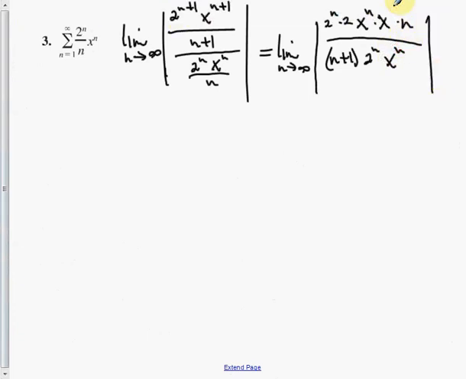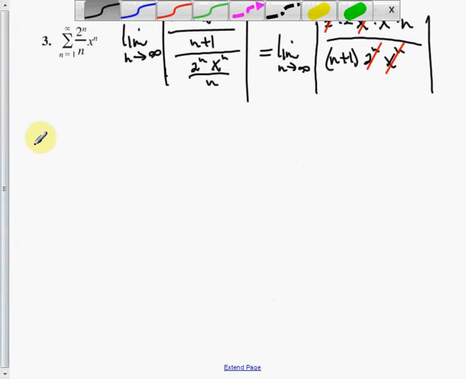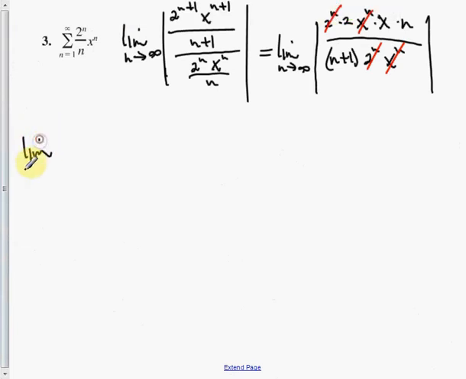Now let's see. 2 to the n cancels out, x to the n cancels out. I think that's everything that cancels out. So we have left the limit as n goes to infinity of the absolute value of 2 times x times n all over n plus 1.